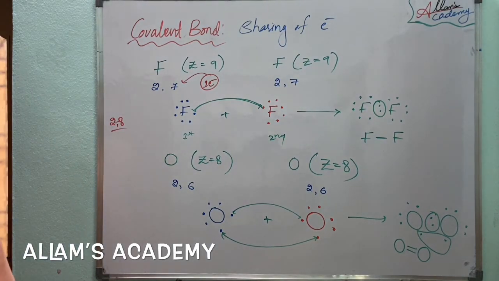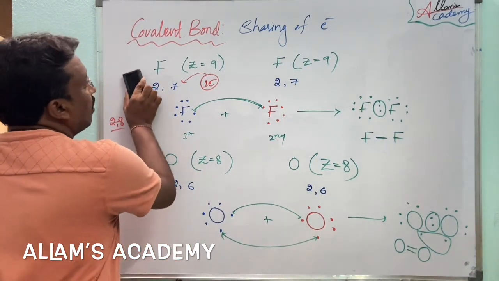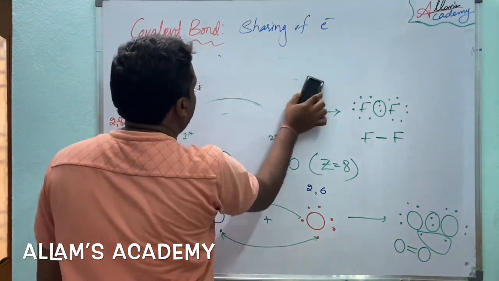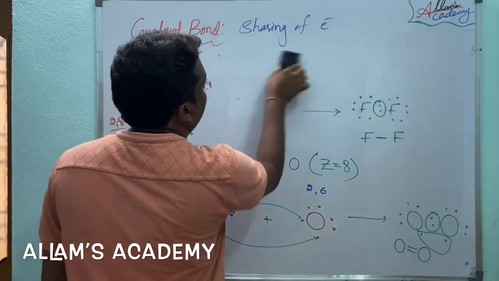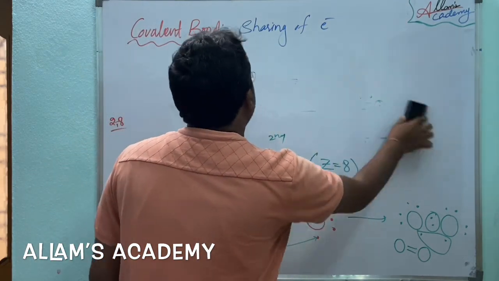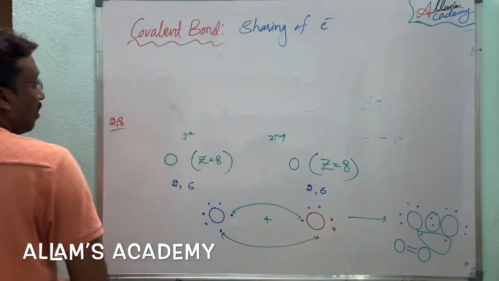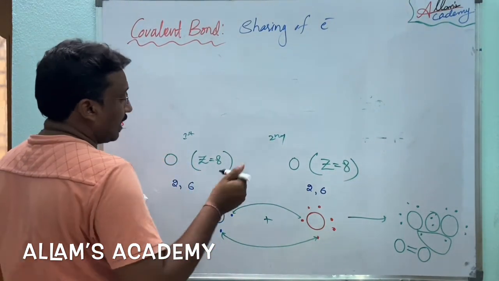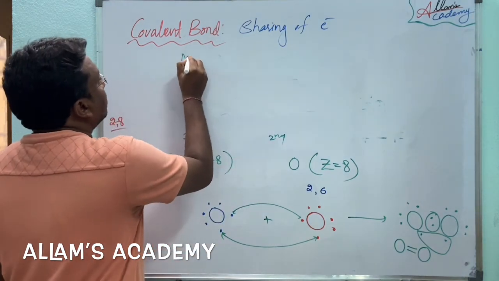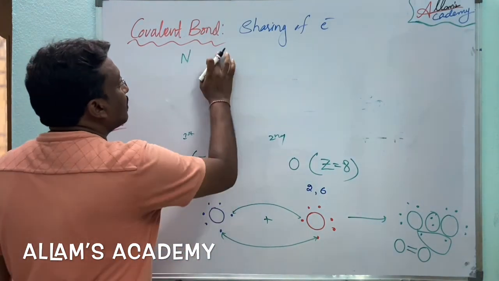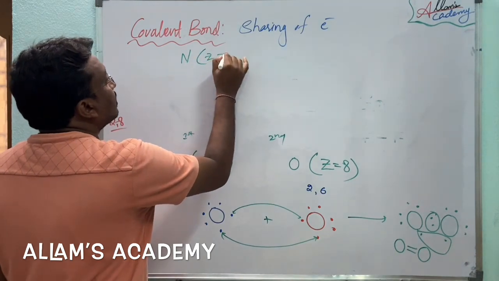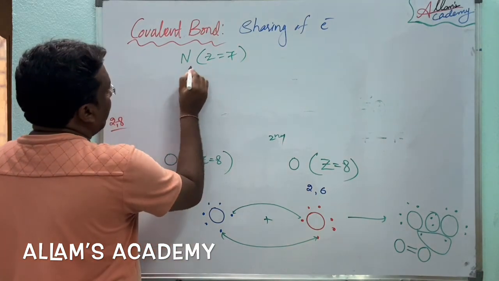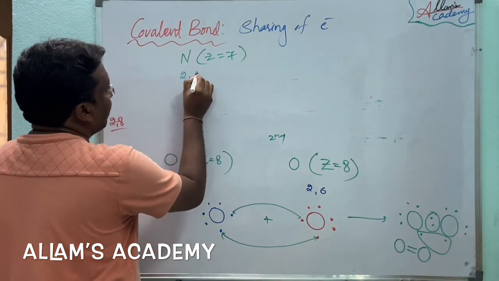And here I will give you one more example. Next one, nitrogen. Its atomic number is 7 and its electronic configuration is 2, 5.